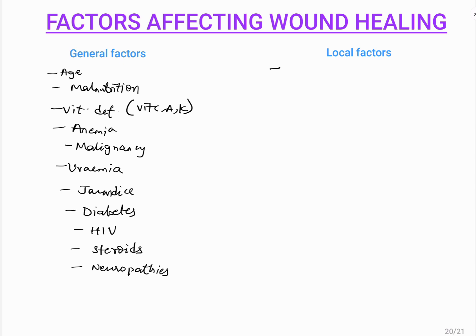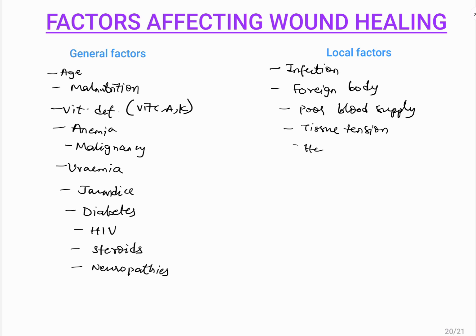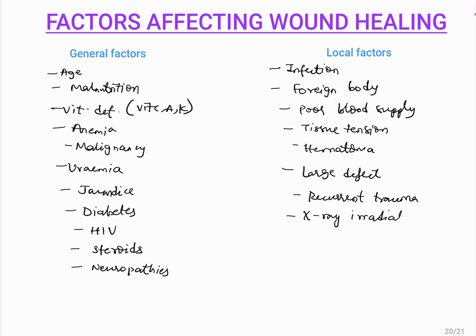When we come to local factors, they are like infection at the site of wound, presence of any foreign bodies, poor blood supply, excessive tissue tension, hematoma, any large defect, recurrent trauma, X-ray irradiated area, and the site of wound.